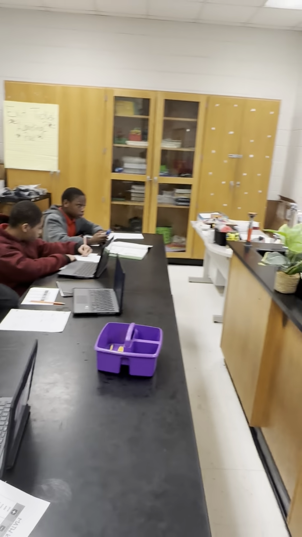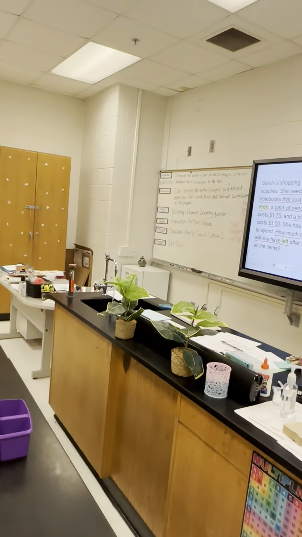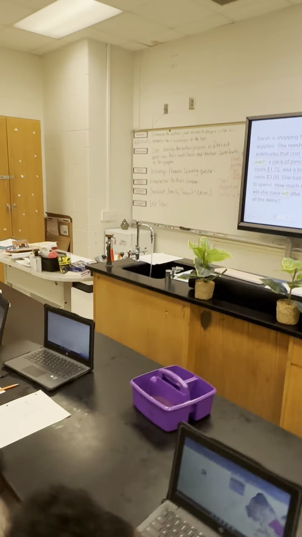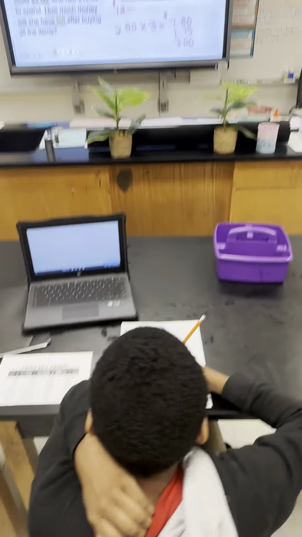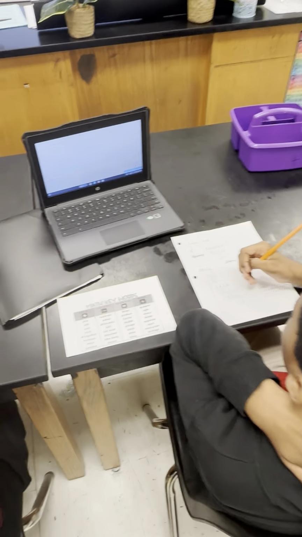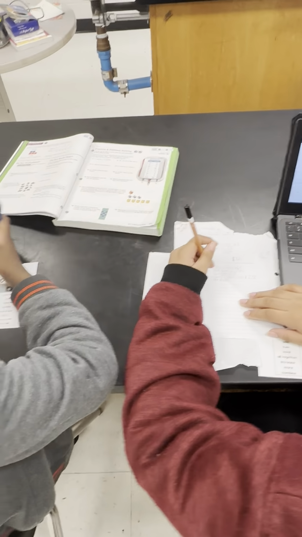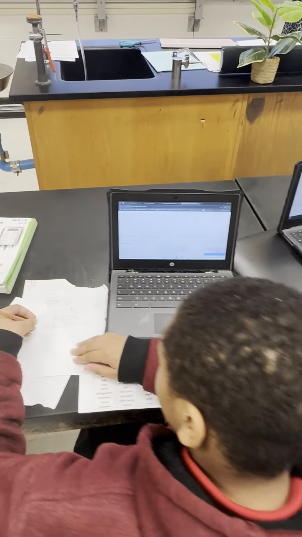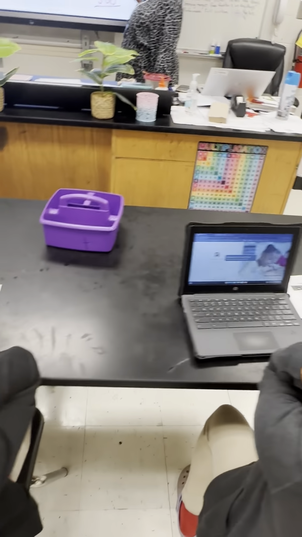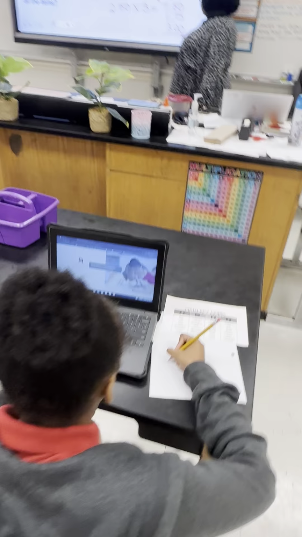Add the numbers up so we can see our total. And if you know how to do addition the old-fashioned way, you don't need a calculator. You can just do it ones place first. Then we can add our tens place.